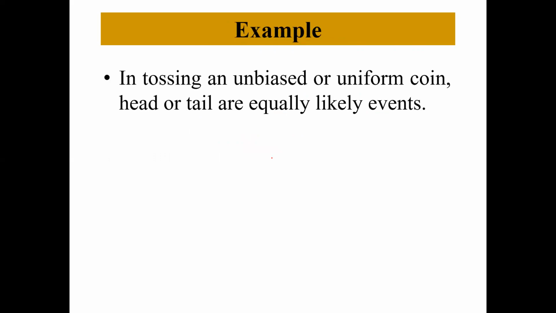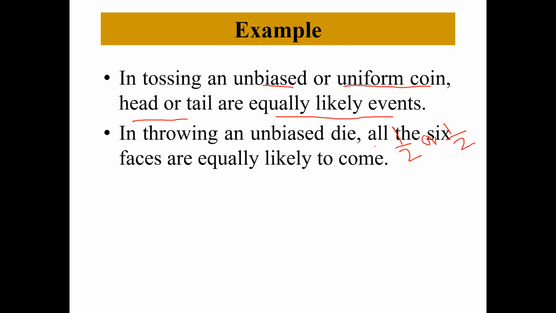For example, in tossing an unbiased or uniform coin, head or tail are equally likely events. There is a 1 by 2 chance of getting head, or 1 by 2 chance of getting tail. In throwing an unbiased die, all the 6 faces are equally likely to come.